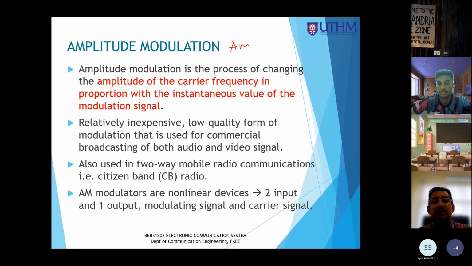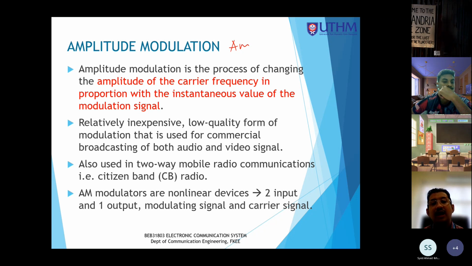Dia tidak mahal. Low quality form of modulation is used for commercial broadcasting of both audio and video signal. Dari segi kualitinya agak rendah, kualiti signal yang dihasilkan agak rendah, dan ia boleh juga digunakan dalam audio dan juga video signal. Okay, also used in two-way mobile radio communications such as citizen band radio.